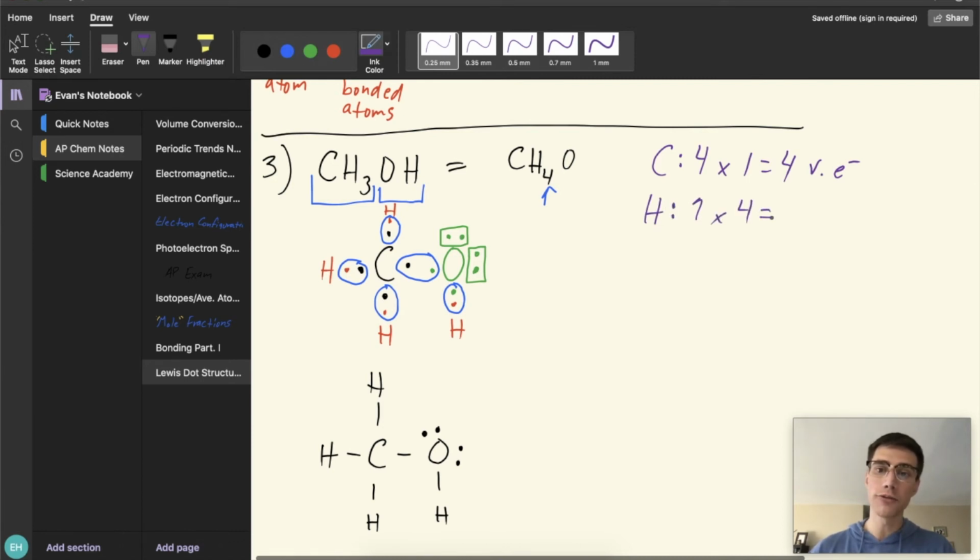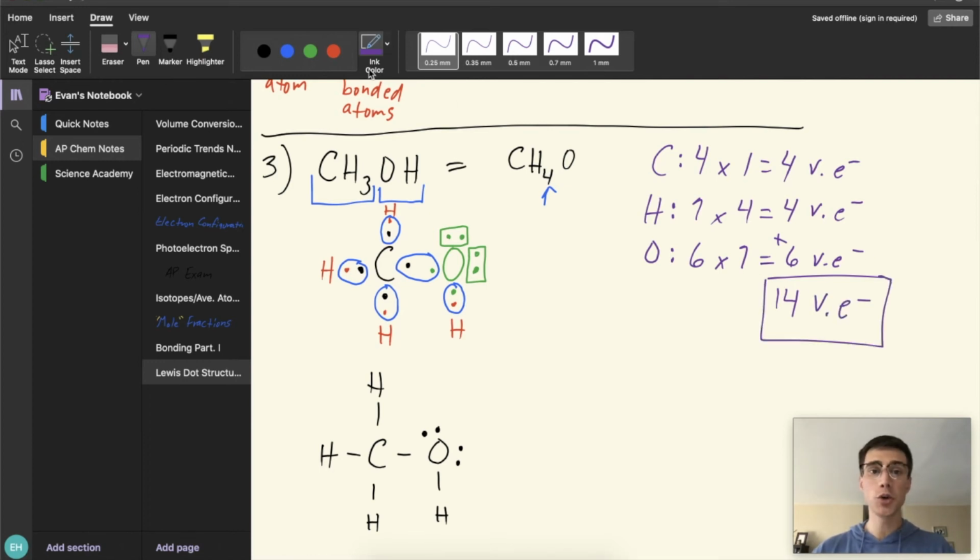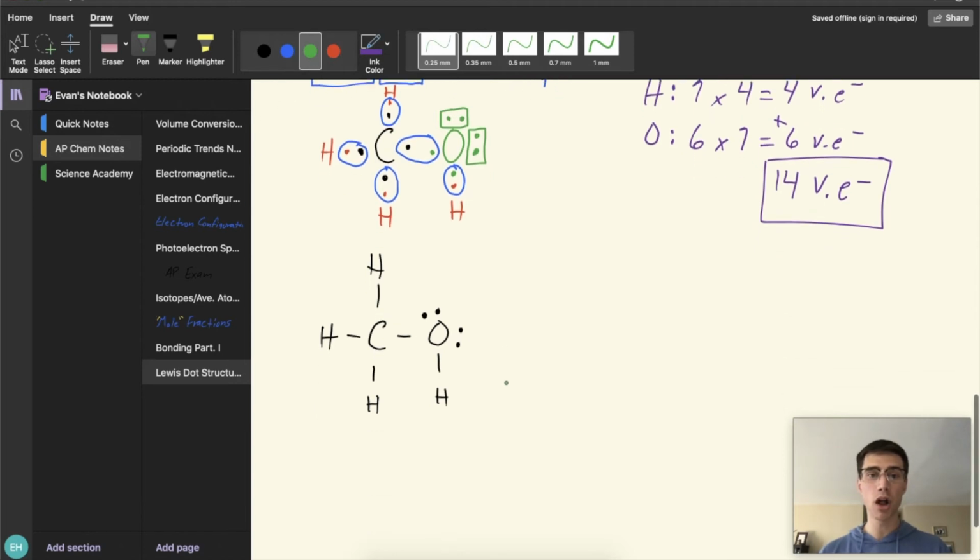We have a total of 4 of those in this molecule. So again, 4 valence electrons from all of our hydrogen atoms. And oxygen has 6 valence electrons, but there's only 1 of those. So we expect to have 6 valence electrons from oxygen. Now, if we add these all up, we get a total of 14 valence electrons. So the question is, do we have 14 valence electrons in this molecule?